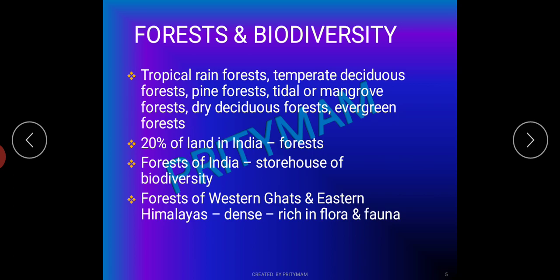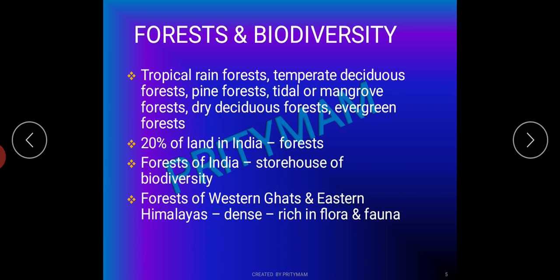And if we talk about it, around 20% of land in India is covered by forest. The forests of India are the storehouse of biodiversity. There are many different types of plants and animals found in this area.